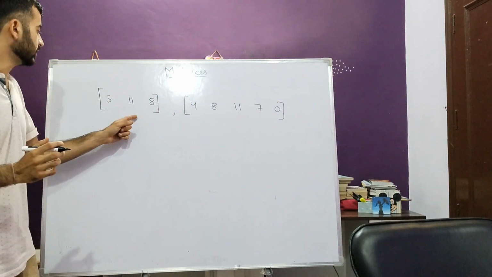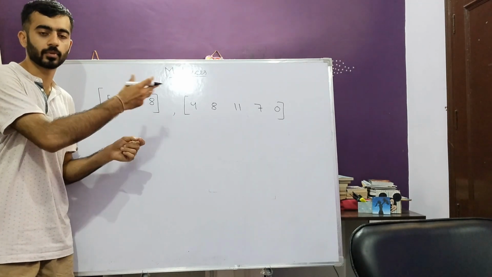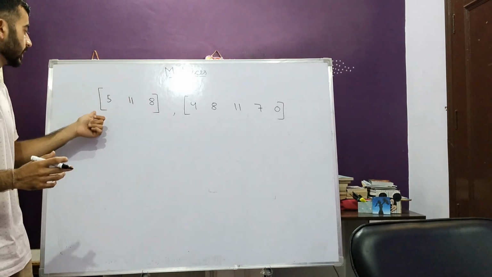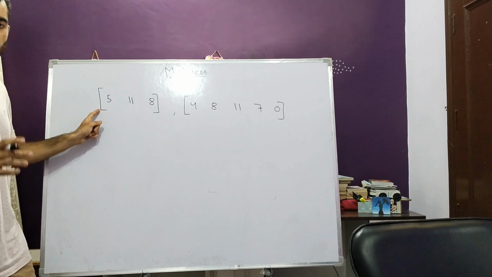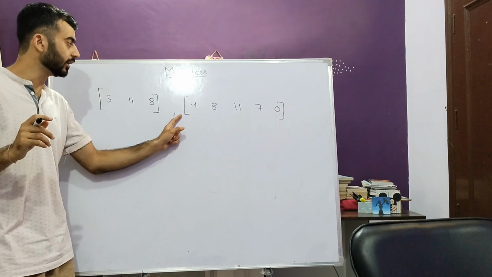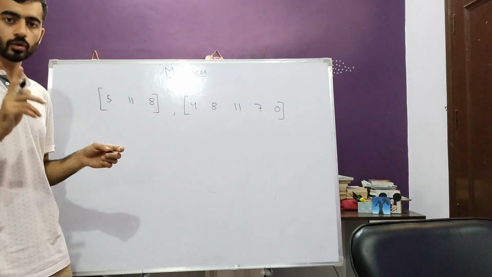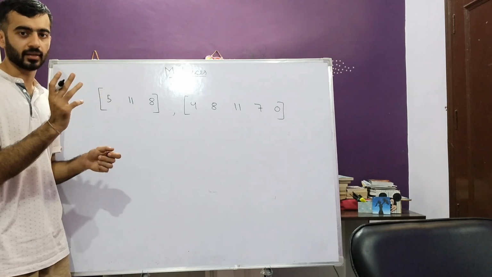A matrix in which we only have one row, no matter how many columns, is a row matrix. For example, in this matrix we have one row and 3 columns. In this matrix, we have 1 row and 5 columns. Since they carry 1 row, they are called row matrices.